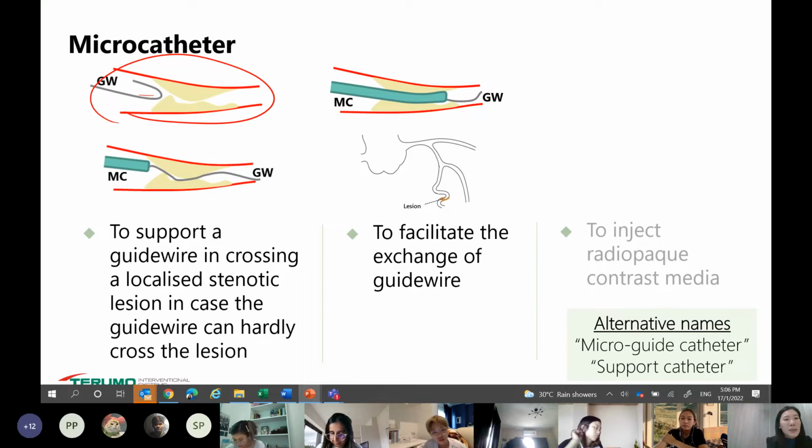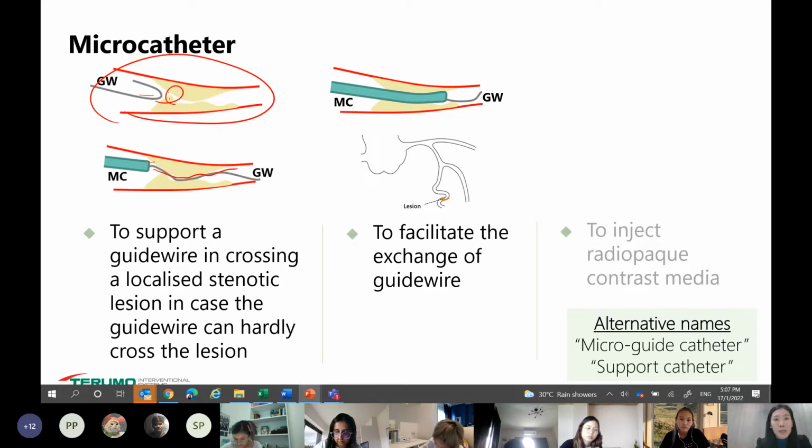You keep pushing, but sometimes the guide wire is so small that even the guiding catheter cannot provide enough support to push it through. So you can put this microcatheter very close to the lesion site, so that the guide wire will have enough support to track and pass through the lesion.